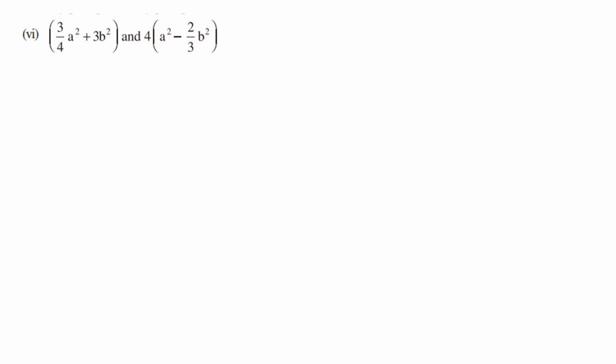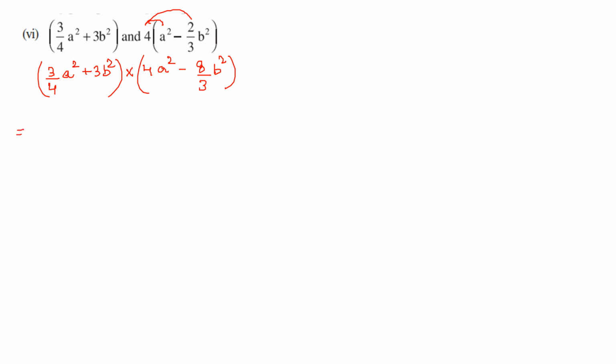So I am multiplying 4 with a square and then 4 with 2 by 3 b square. So when I multiply 4 and a square, it is 4a square minus 4 into 2 will give me 8 by 3b square. Okay, so these are two binomials.